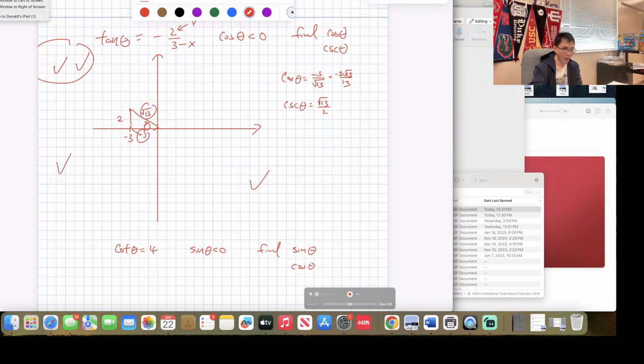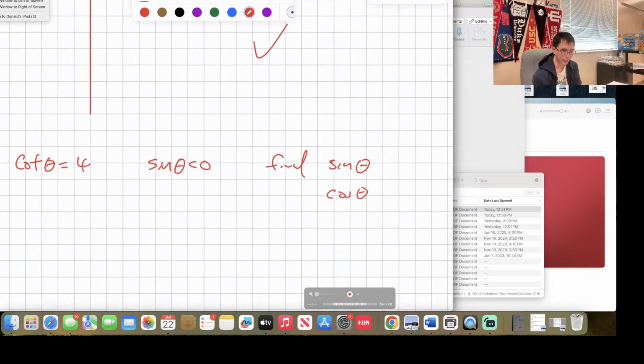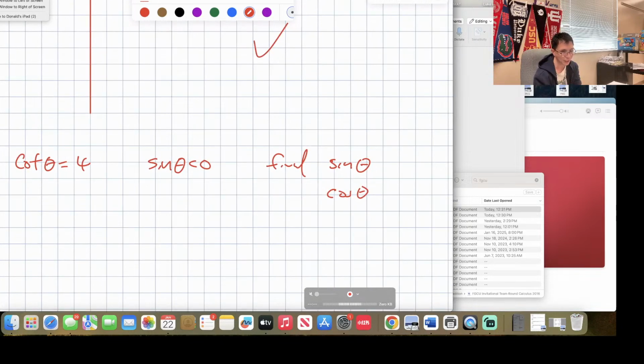Do we always base it off of the angle that's close to it? The reference angle. Oh. So do we always base it off of that? Given cotangent of theta is equal to 4, sine of theta is less than 0, find sine theta and cosine theta.